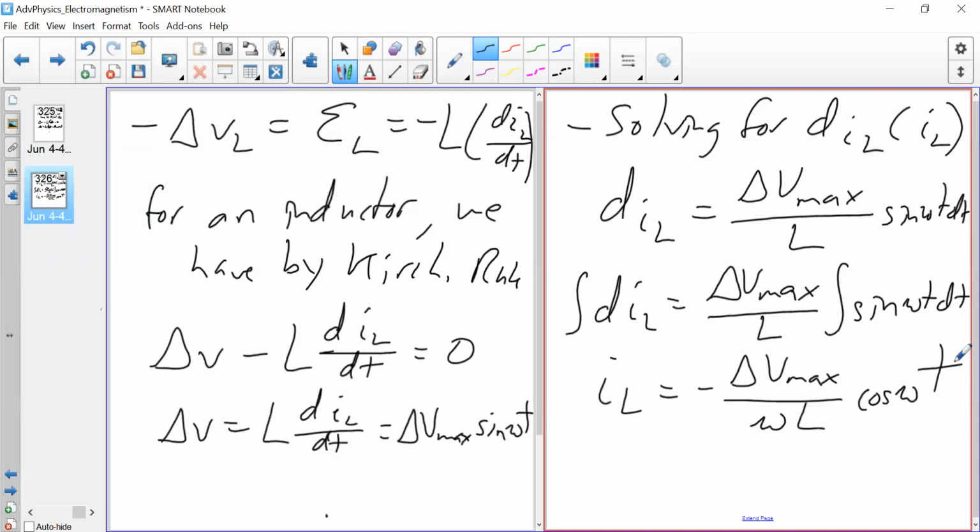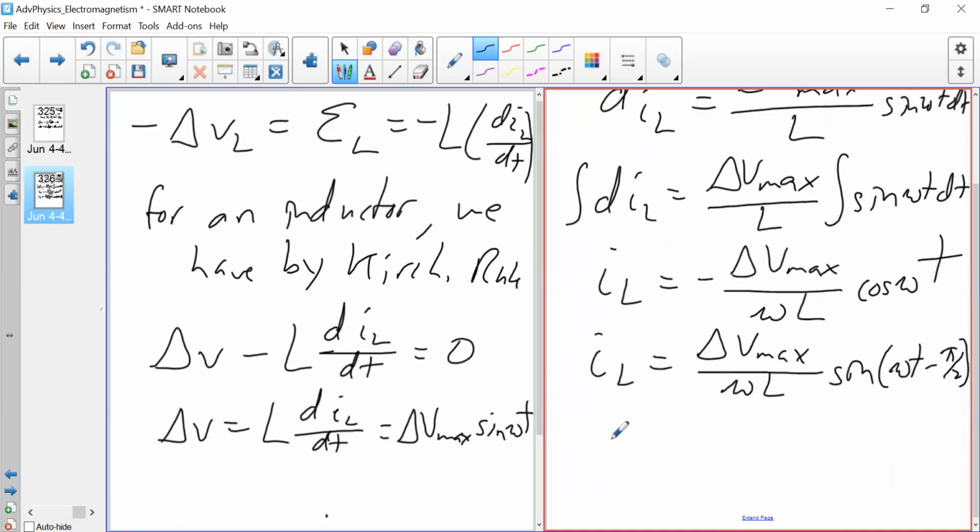It's basically the basis. Reminds me of the Fourier series stuff. But so I_L, now we can represent this in another way. So delta V max over omega L, and we'll stop here, sine omega t minus pi over 2. And we get that because it's an identity. Cosine omega t is negative sine omega t minus pi over 2.